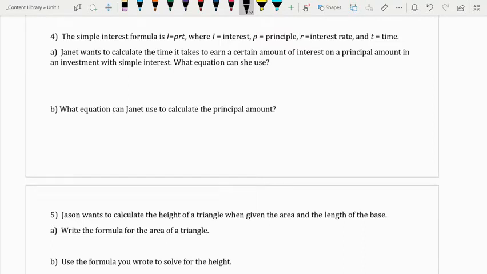Or can she use? So she wants to calculate time. If it is I equals PRT, that means that she would want an equation that's already solved for time. So if P, R, and T are all being multiplied, you can divide them both over. So now T equals I over PR.